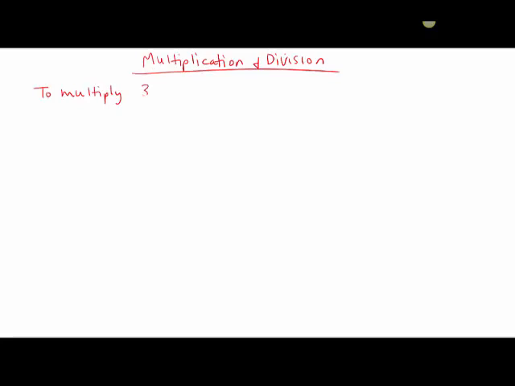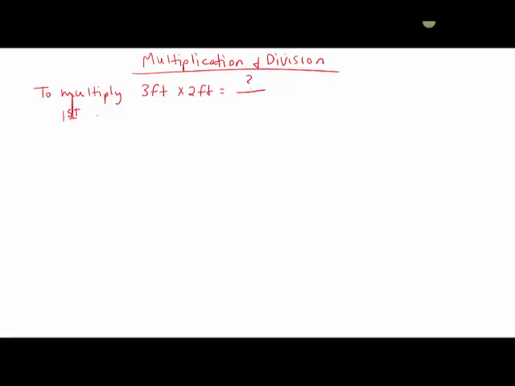The next thing we're going to look at is multiplication and division of measurement numbers. To multiply, let's say, 3 feet times 2 feet.